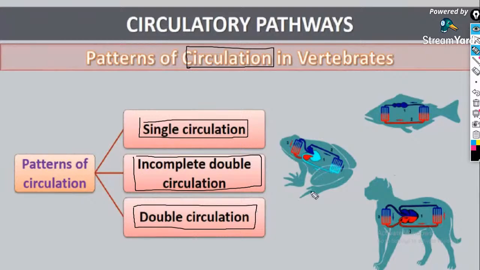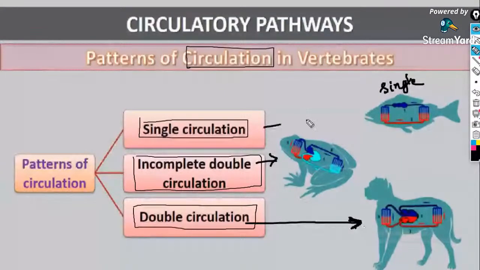In case of fishes, you will have a single circulation. In case of amphibians, you will have incomplete double circulation. And in case of birds and mammals, you will have double circulation.